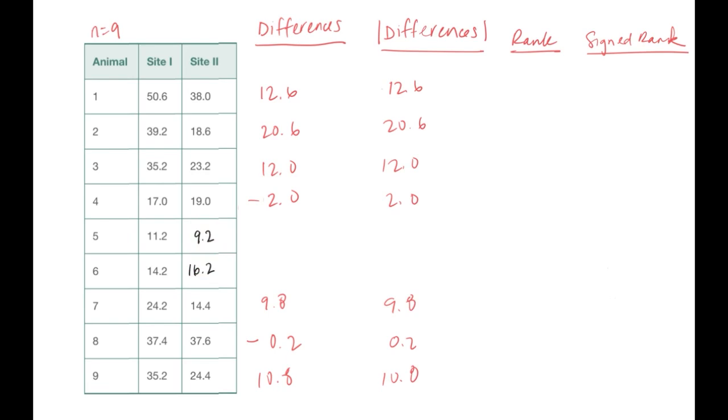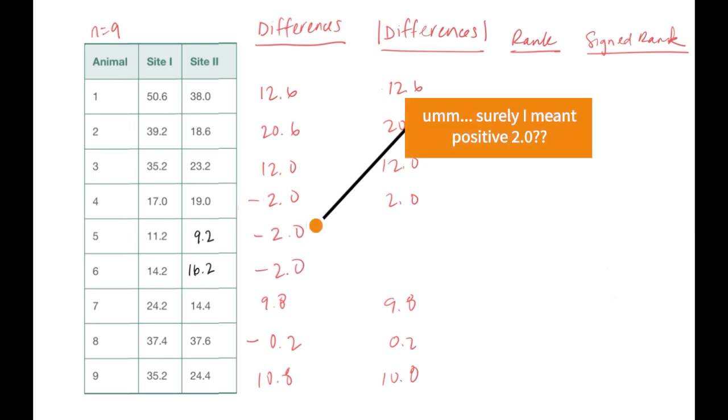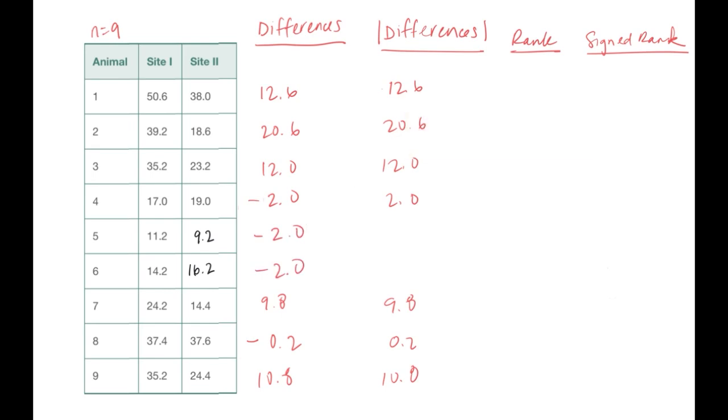I've left almost all the differences the same because I didn't change their original data, but I did for animals 5 and 6. Both of them are going to have a difference of minus 2.0, minus 2.0. So when we do the absolute value of the differences, it's 2.0, 2.0.